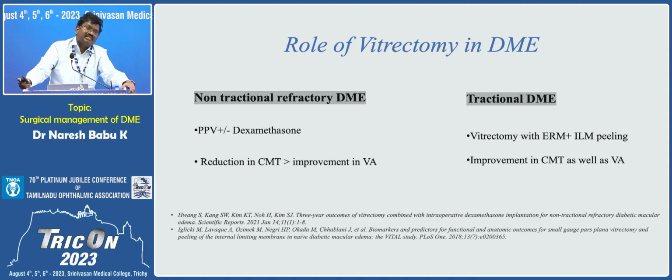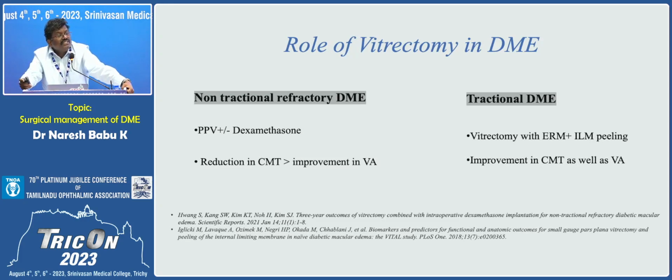So what happens in case of macular edema when you do the vitrectomy? Usually in case of non-tractional diabetic macular edema which is recalcitrant, you can go for the pars plana vitrectomy. Along with that, you can inject a dexamethasone implant inside the eye, which will stay inside the eye for a longer time with sustained release.